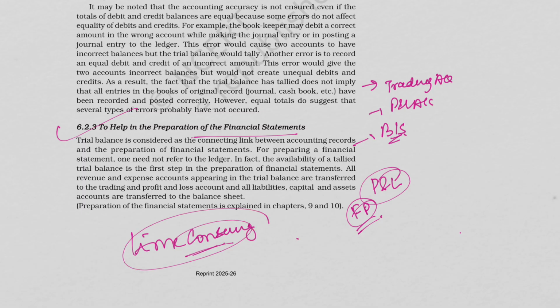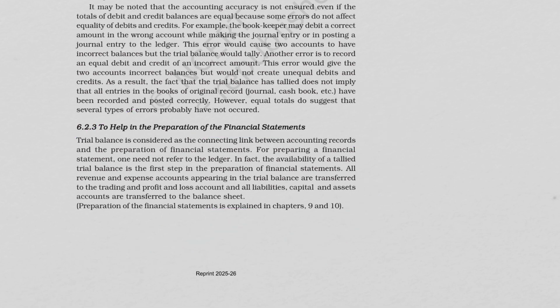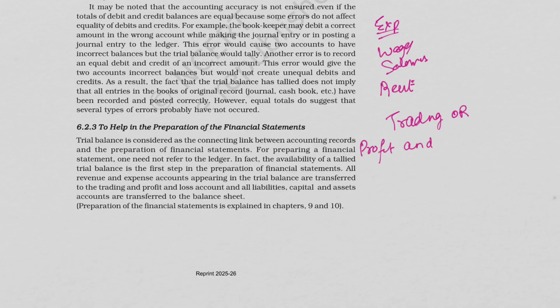So the trial balance simplifies this process. Since the balances of all the accounts are already listed in the trial balance, accountants can easily transfer them into the financial statements. For example, expense accounts like wages, salaries, and rent are transferred to the trading or profit and loss account.